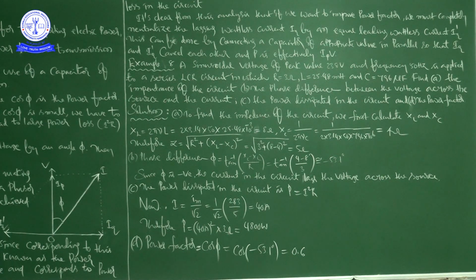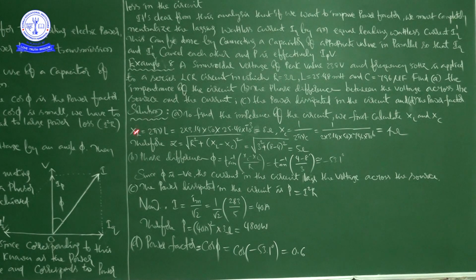Find, there are 4 things in this example to find: A, B, C, D. A, the impedance of the circuit. B is the phase difference between the voltage across the source and the current.